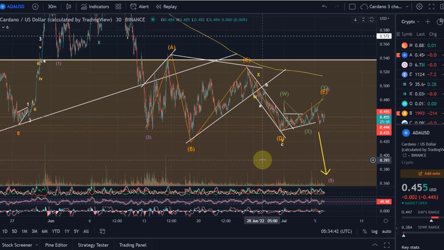Same way here for ADA, the view is that we are making a lower low, that we need another lower low. The problem here is that we can't easily track a bullish scenario. We could, but it is just extremely messy and doesn't really make a lot of sense. Therefore here, as I usually give you a bullish and a bearish one, but here it doesn't make sense.